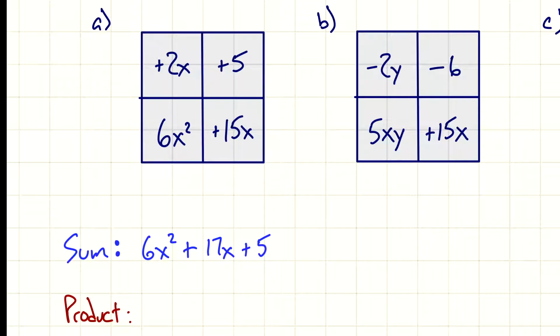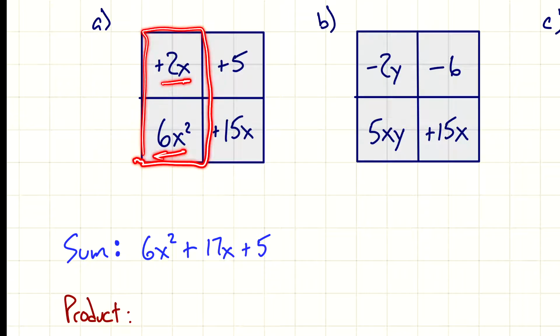And we're looking for the greatest common factor. So when I look at, let's say, these two, and I say, what number goes into both 6x squared and 2x? What's the biggest number?